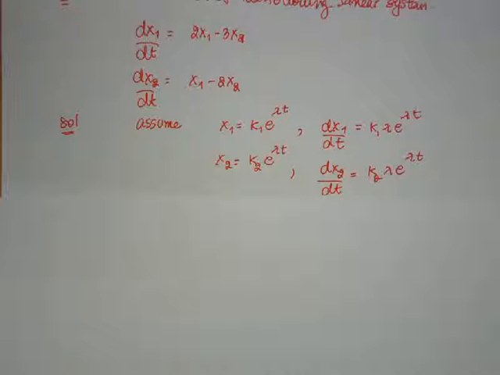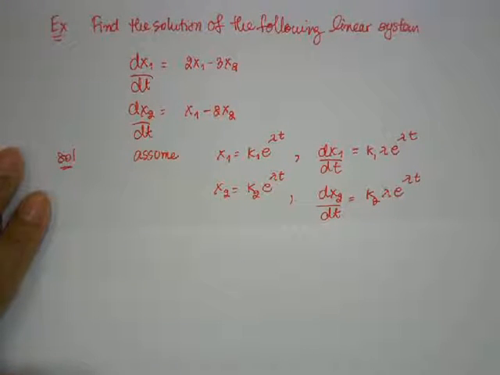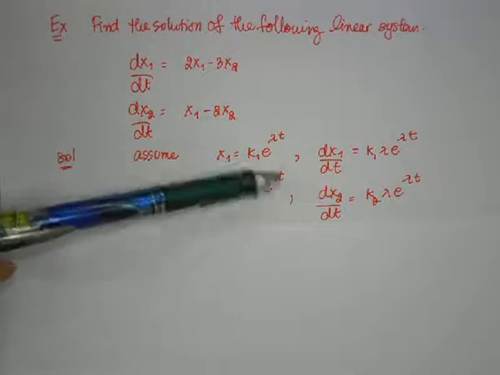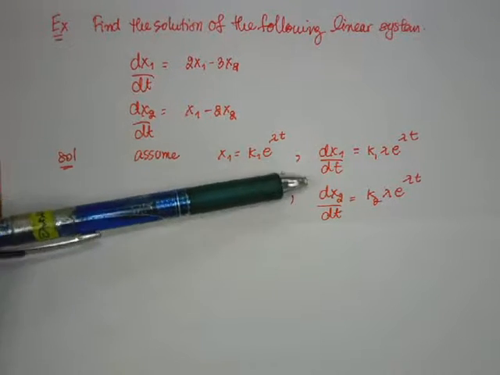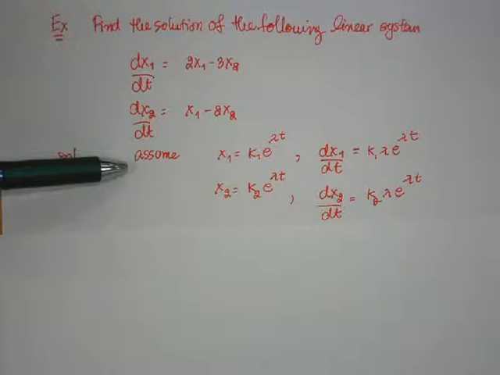And the first derivative of x2 with respect to t is equal to k2 times lambda times exponential of lambda t. Now we're ready to plug x1, x2, and the first derivatives of x1 and x2 into our linear system.